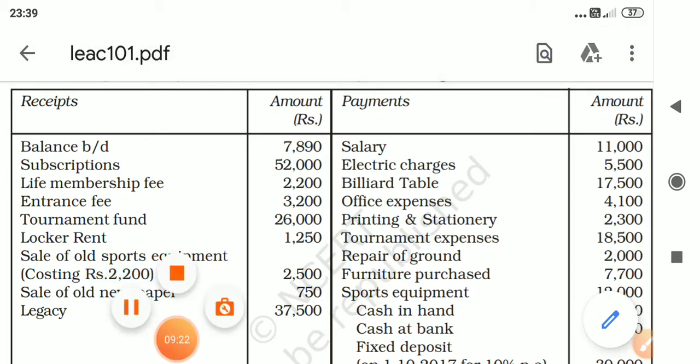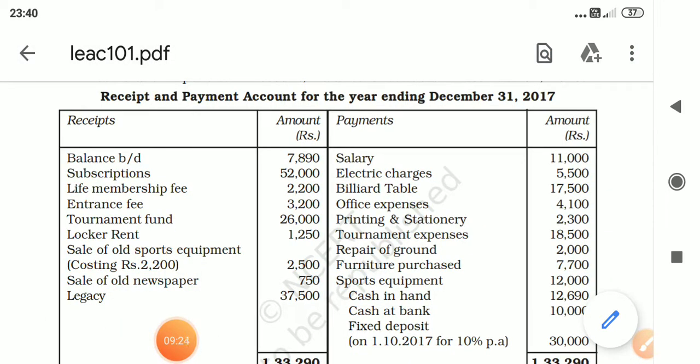I think I made a mistake. Okay students, if you take legacy as a revenue item in the income side of income and expenditure account, this is the correct method, but you will not get the book answer. It's okay. We have to follow the CBSE method. So legacy 37,500.